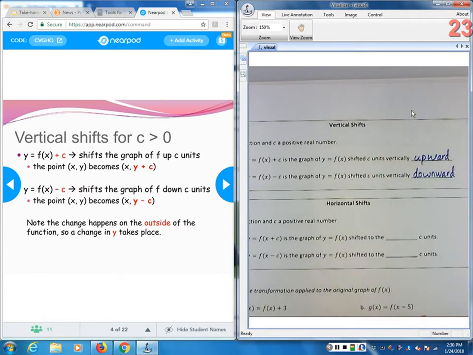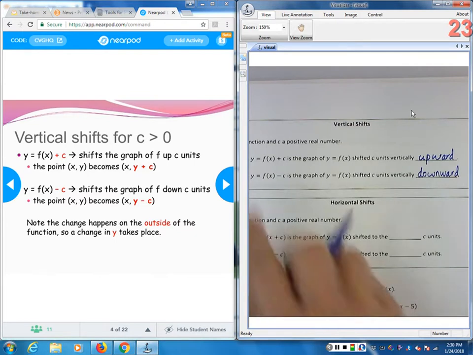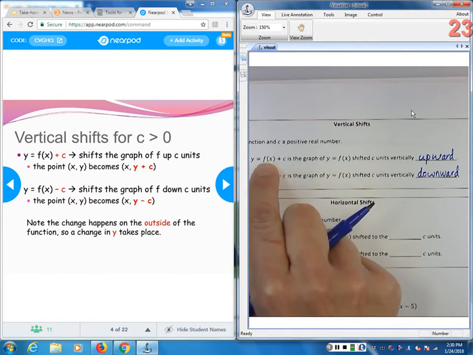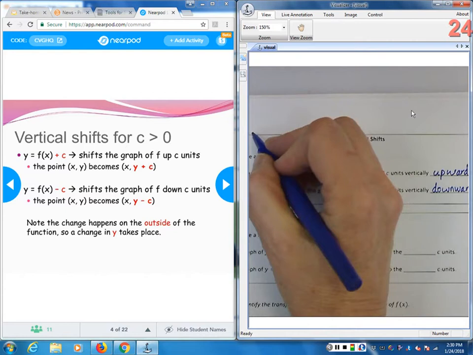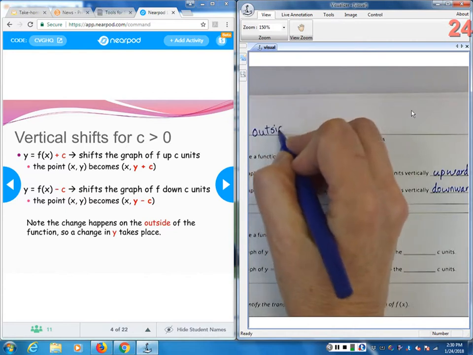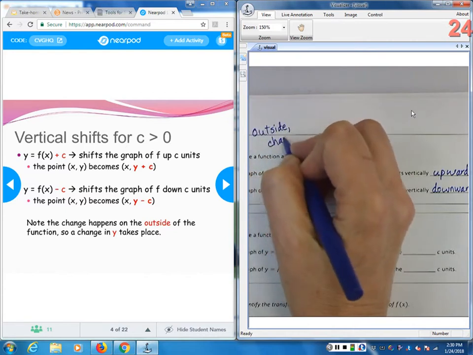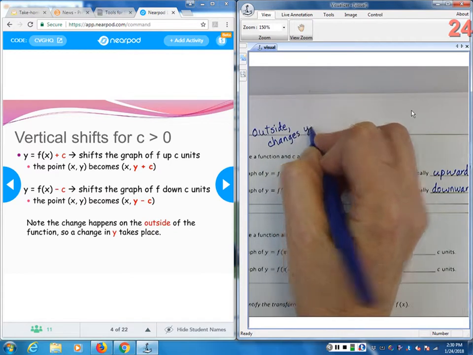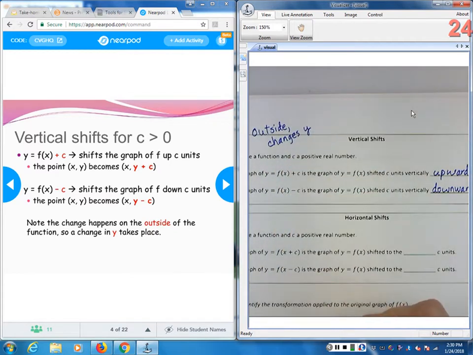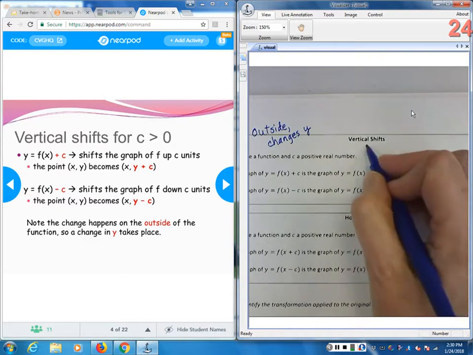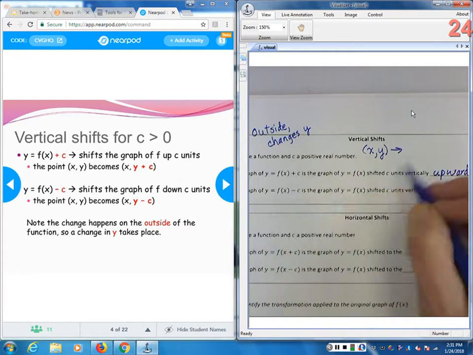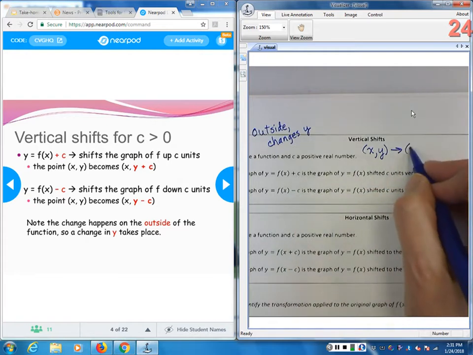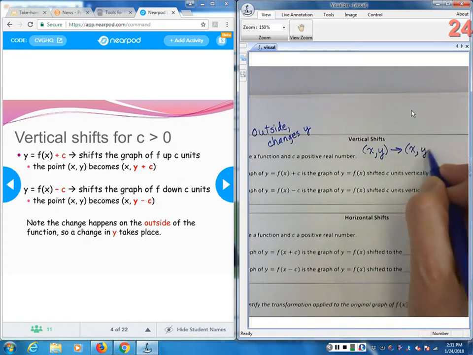And what we've got is our function. We would start with one of those common functions like x squared. And if we're adding a constant on the outside, it changes the y coordinate. So if you had x, y, and shifted it upward by a positive number, it's going to be x, y plus c.